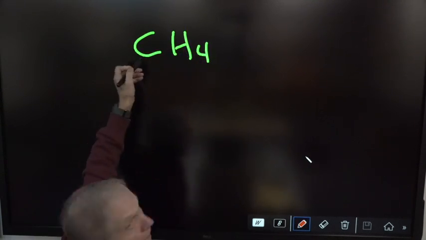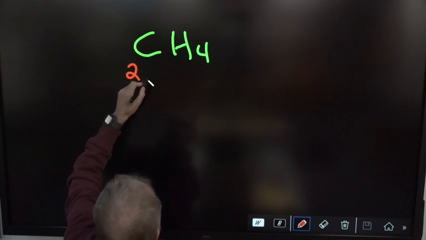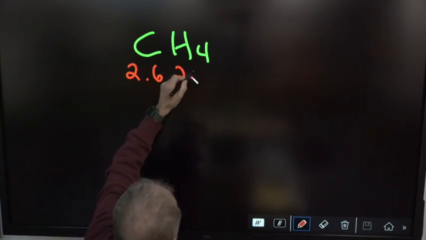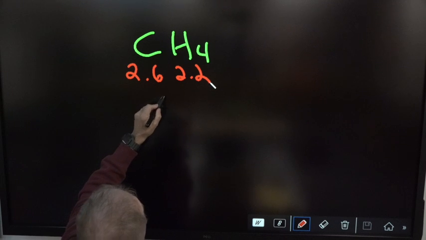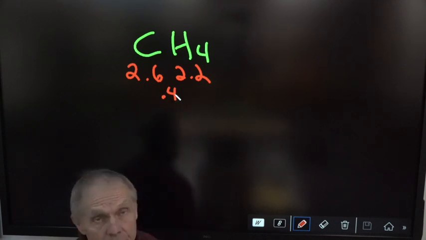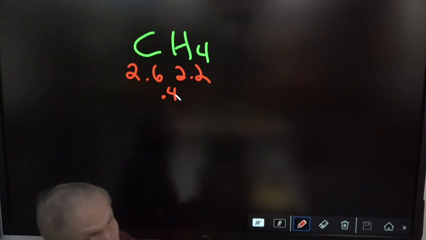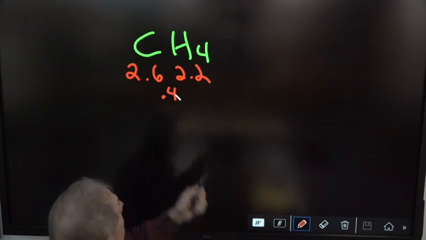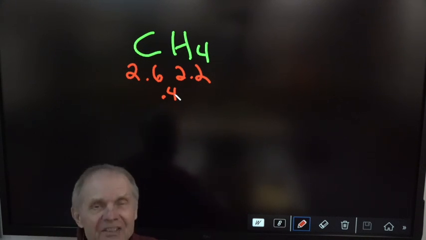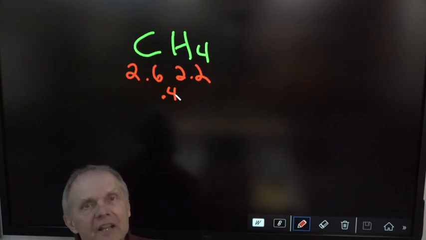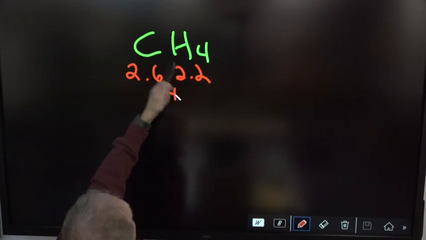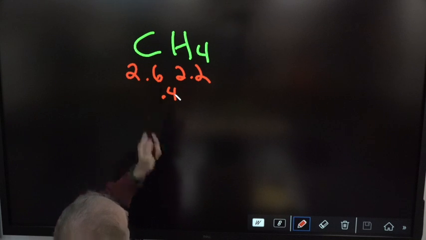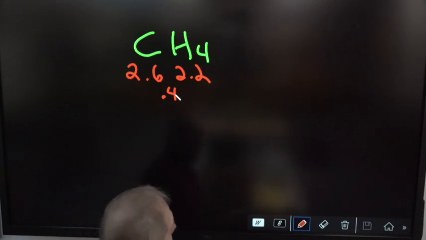So, carbon is 2.6, hydrogen is 2.2, for a difference of 0.4. But as you see, I don't care what two nonmetals are hooked together, if they have different electronegativities, it's unequal sharing, it's a polar bond. So here we have another polar bond. So let's electron dot this one.